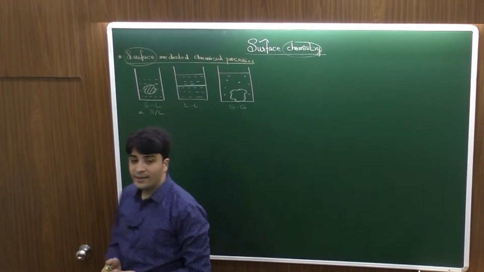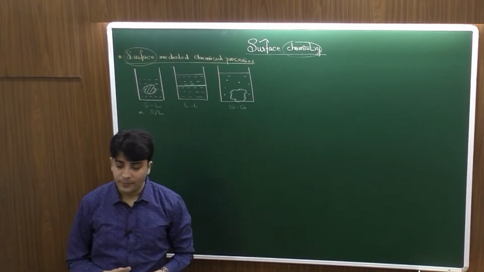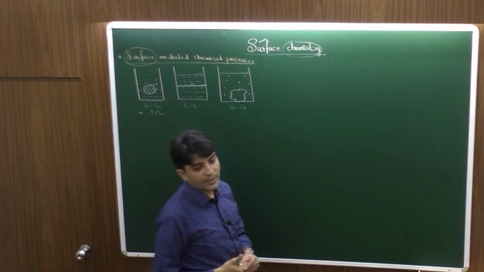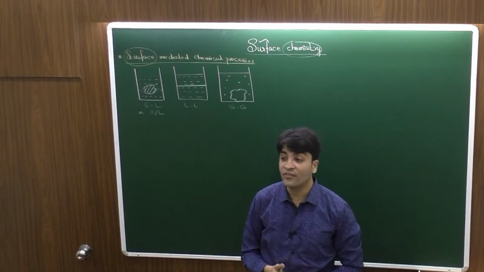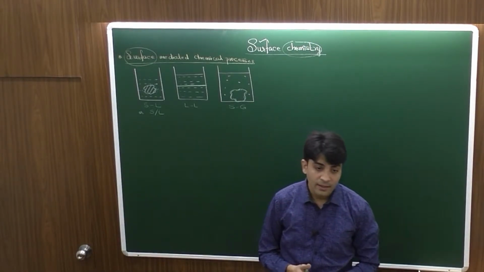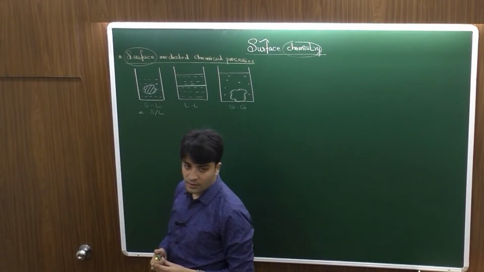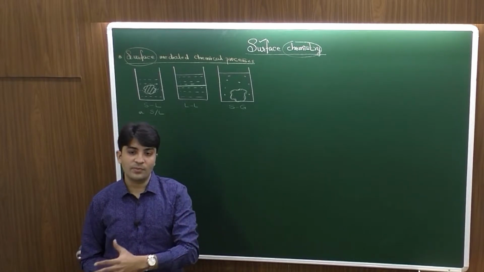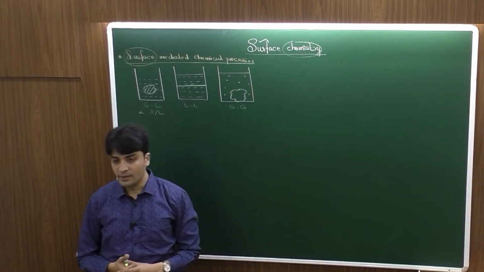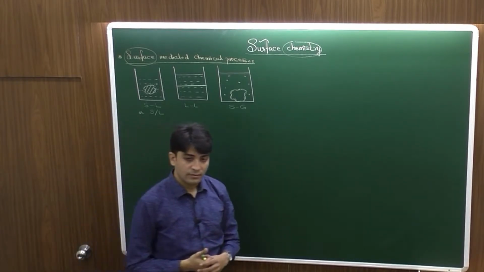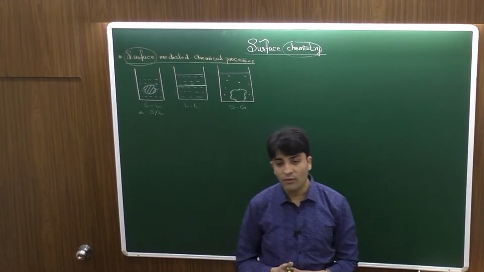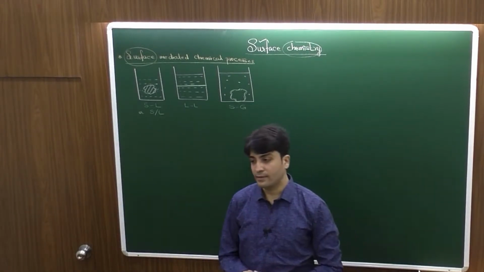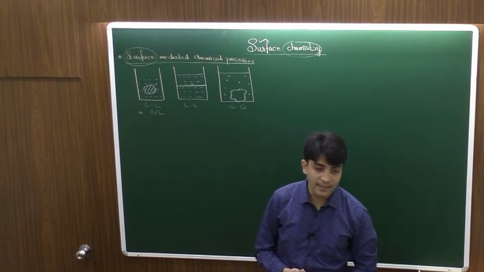Clear? Now why are we studying surface chemistry? There are many processes which can be understood with the help of the surface reactions, like crystallization process, the crystallization of sugar, dissolution, wherein one substance dissolves into another substance, corrosion, the process of rusting of iron, catalysis, the working of the catalyst.